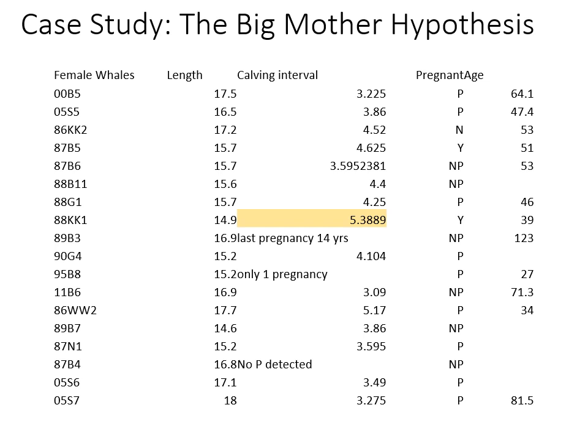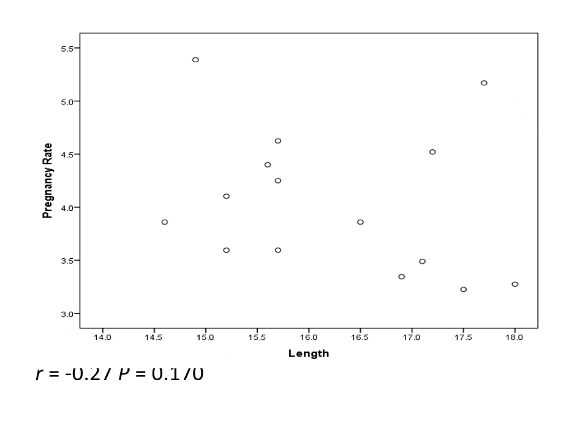Okay, and my question was, is there a correlation between length and calving interval? And when you look at the graph, this is what it looks like. So the pregnancy rate, how often they were pregnant per year, and how long the whale was.